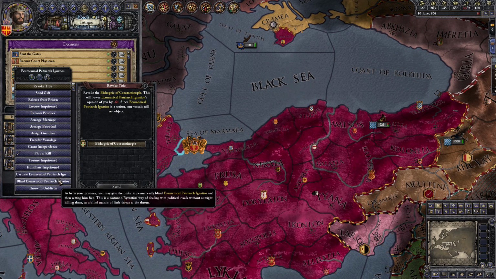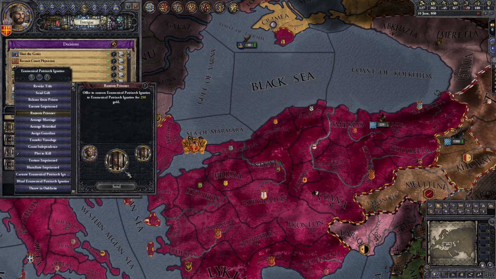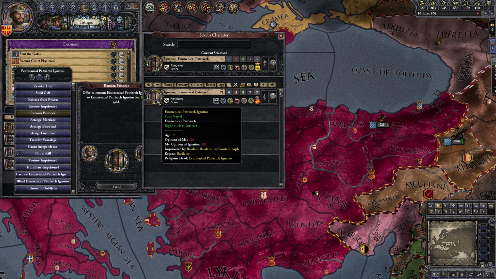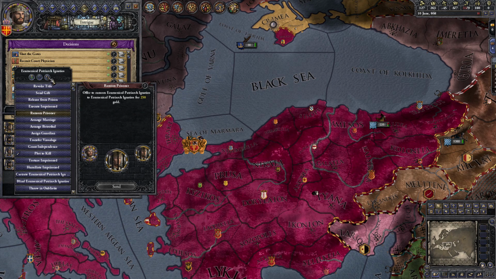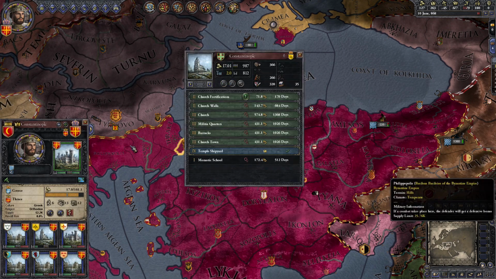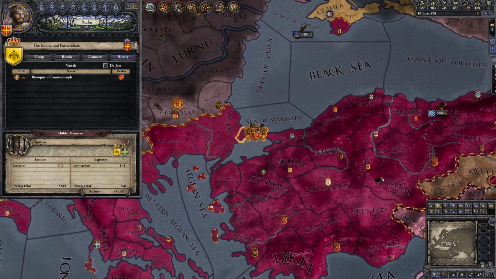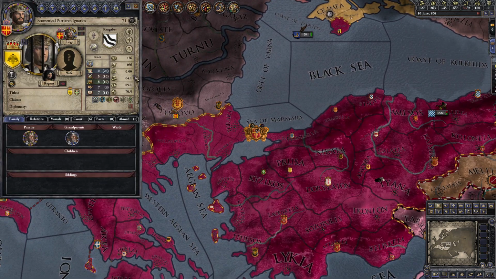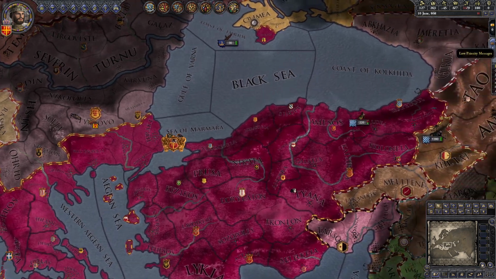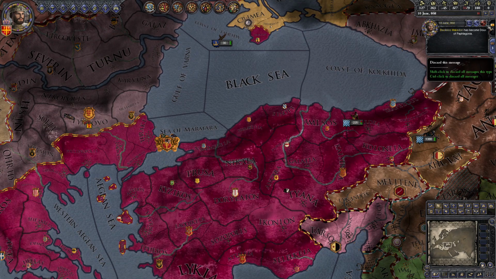I can blind him. I can ransom him. Oh, he doesn't have enough. Okay. How much more do you need, pal? That's what you get for trying to fight back against your own emperor. He has 60. Does not have enough. Okay, great.